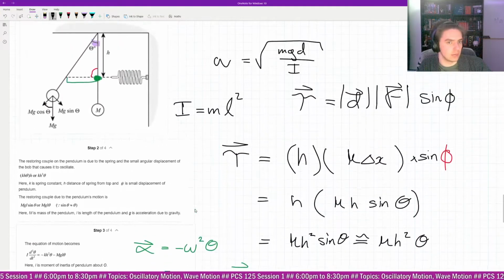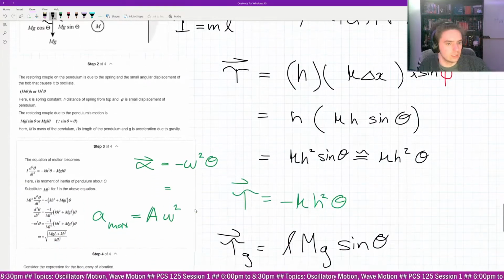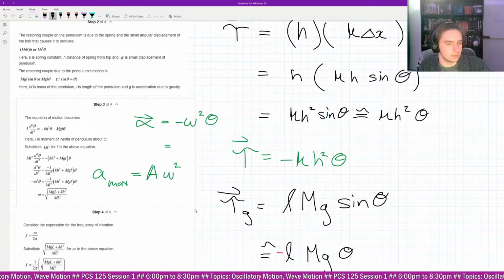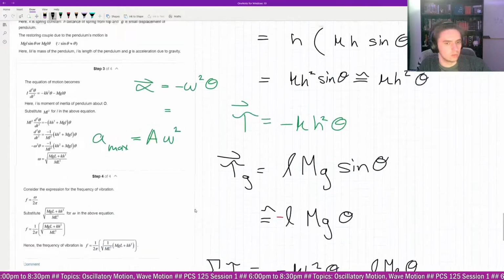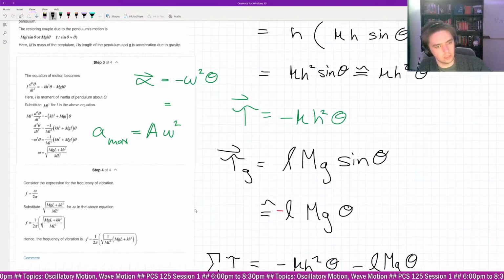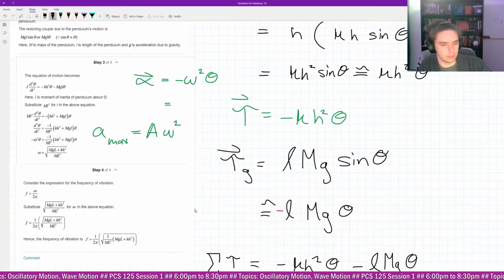Just because... well, I guess we're assuming it's constant acceleration? No, it would be constant acceleration because... no, it wouldn't be that. So what's happening here is we're assuming it's constant, but we're also assuming it's always the maximum acceleration.